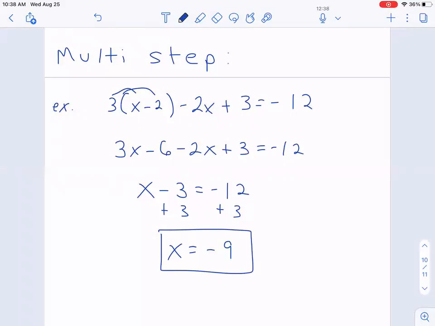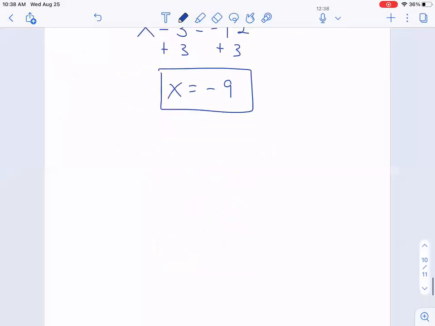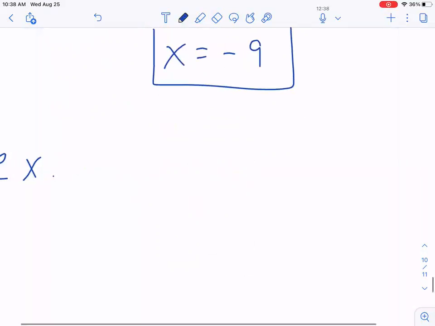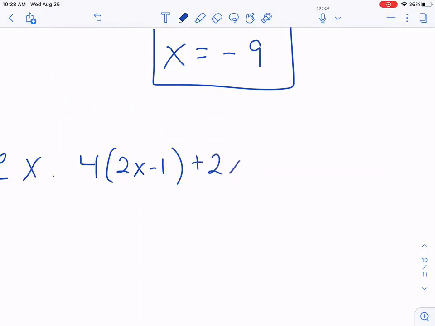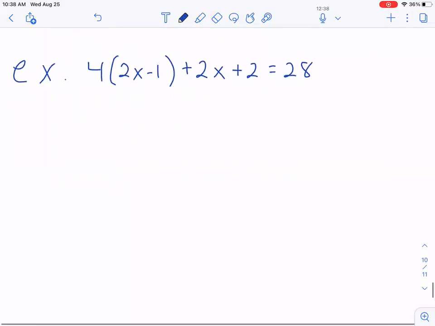All right, so let me do one more here. Let's say we had 4 times 2x minus 1, plus 2x, plus 2 is equal to 28.